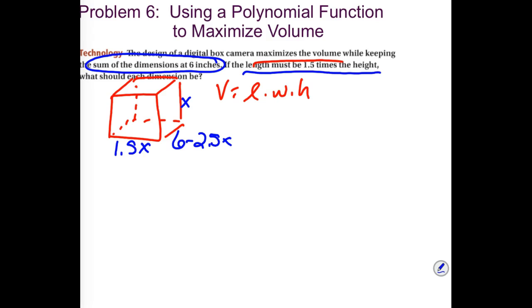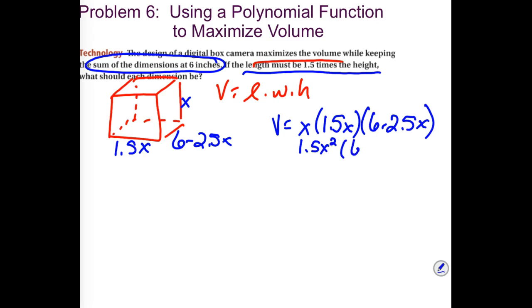Okay? Questions on that? You told me earlier volume is length times width times height, so I have to multiply these three expressions together. X times 1.5 x times 6 minus 2.5 x. All right, x times 1.5 x would be 1.5 x squared.